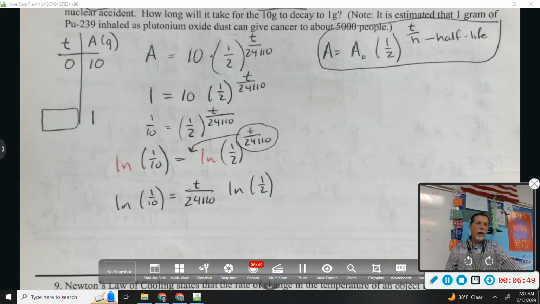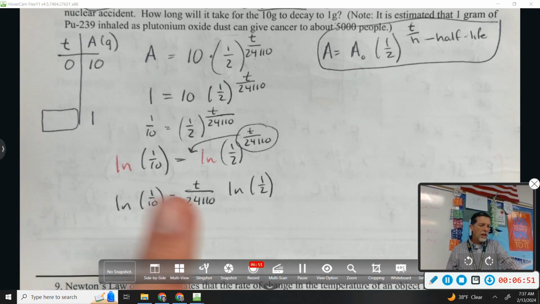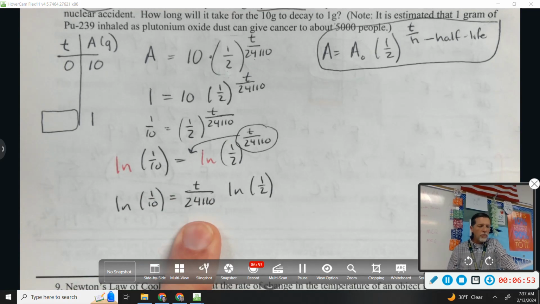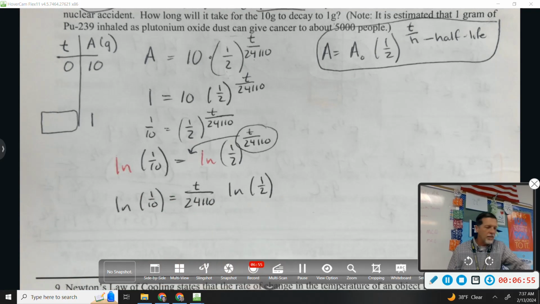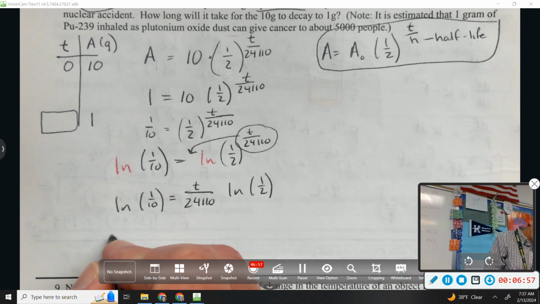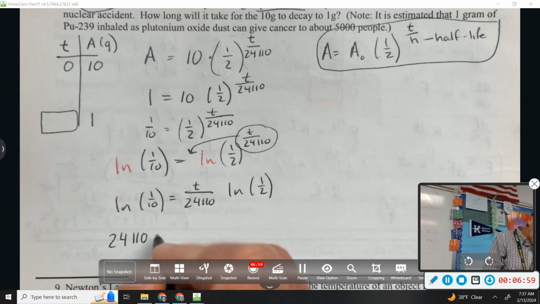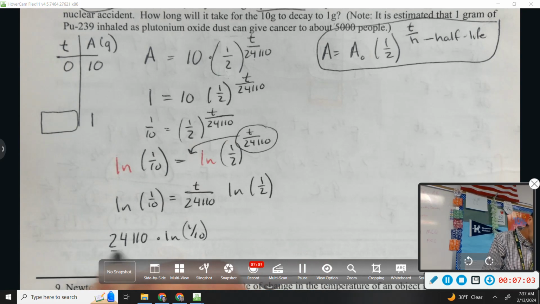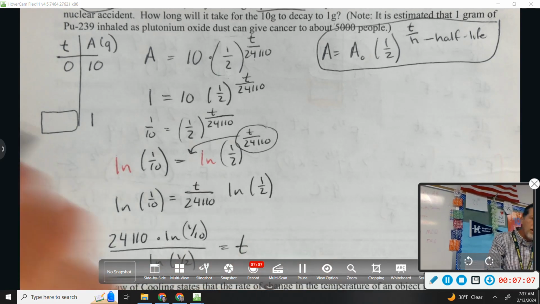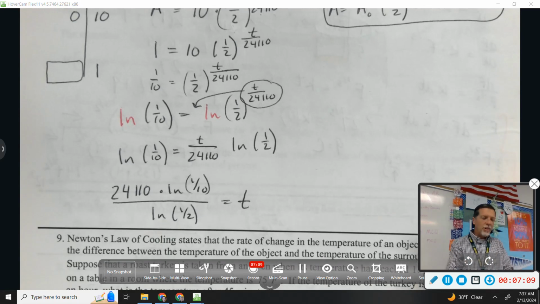Again, there's no calculus in this problem at all. So let's multiply by 24,110 and divide by natural log of 1/2. So 24,110 times natural log of 1/10 divided by natural log of 1/2. This would definitely be a calculator problem.